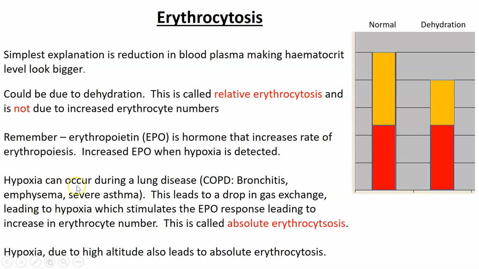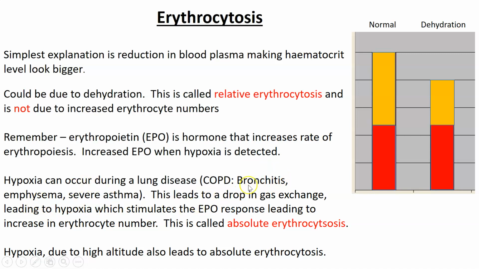Now, hypoxia can occur in people who have their lung conditions mismanaged, or let's say they have COPD, chronic obstructive pulmonary disease, of which there is bronchitis and emphysema, and also severe asthma as well.